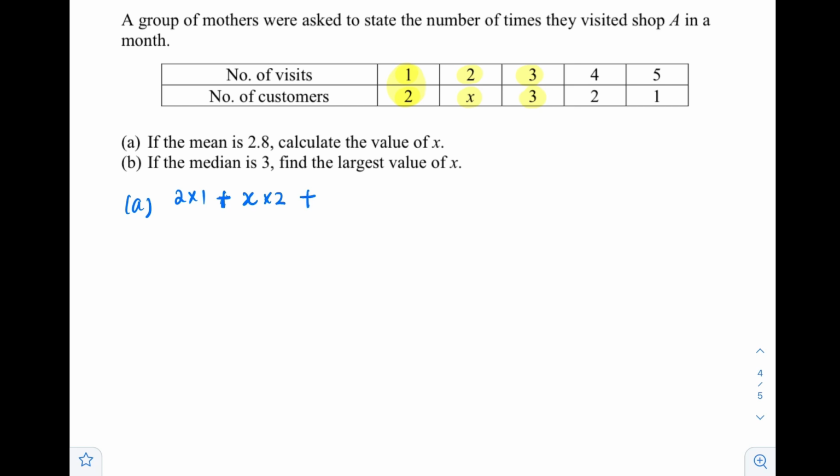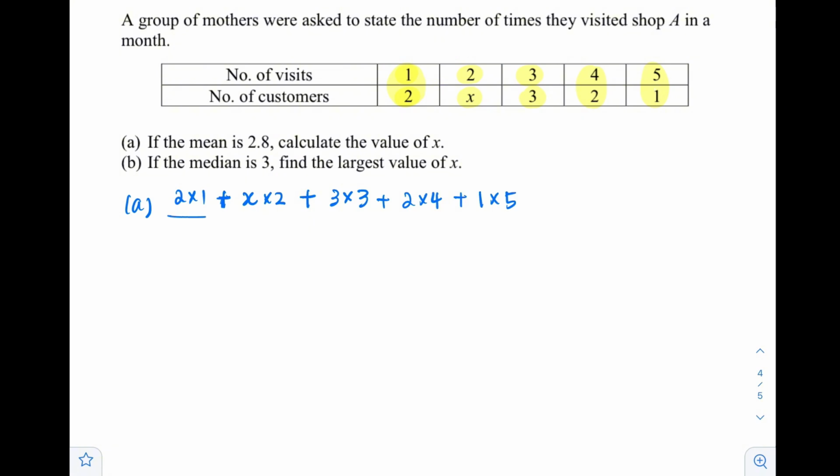And then we have 3 mothers visiting the shop 3 times, and another 2 mothers visiting the shop 4 times. Finally, followed by 1 mother visiting the shop 5 times. So this is the total number of visits for all the customers.